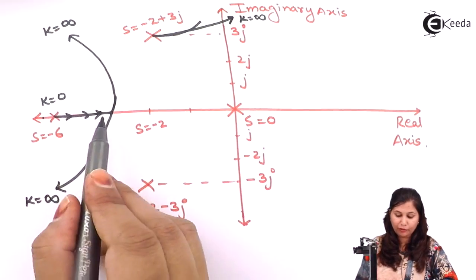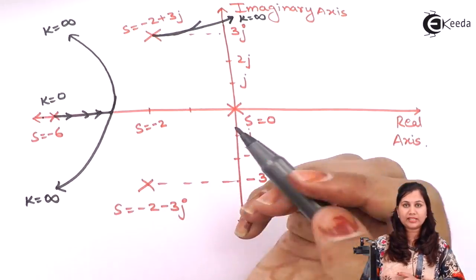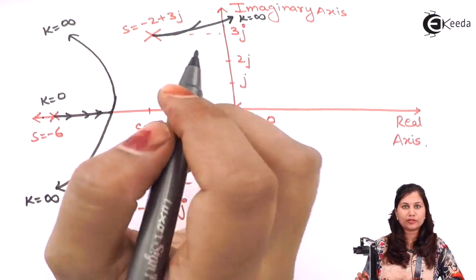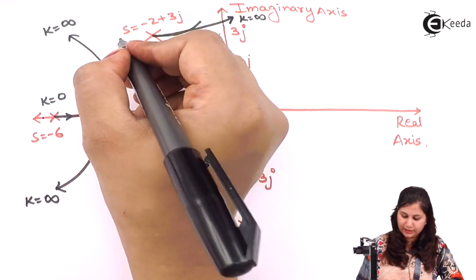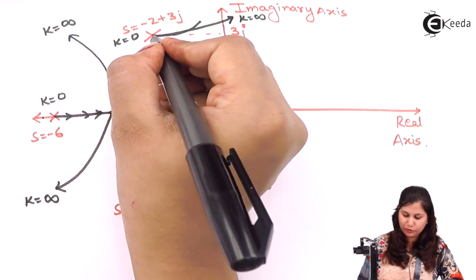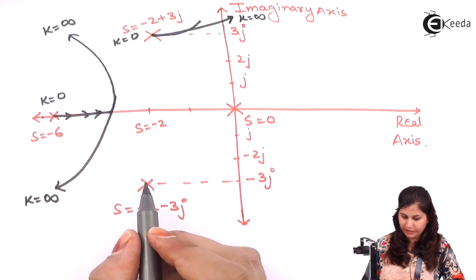Because it is starting from a pole and terminating at 0, here we are not having 0, so it will terminate at k equals to infinity. This will also start from this pole, k equals to 0 we are having here, and it will terminate at k equals to infinity.